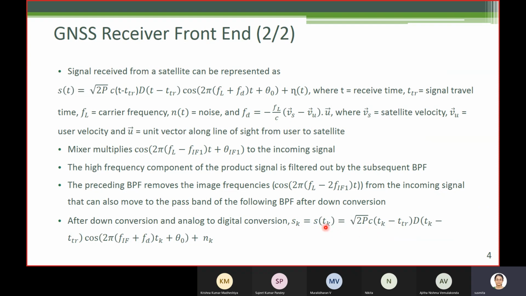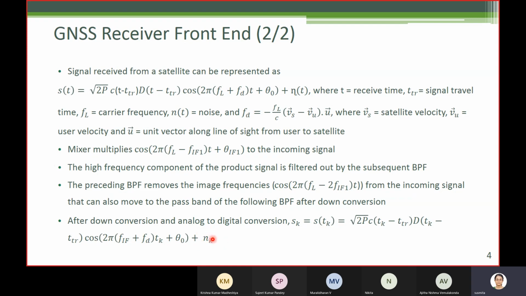Tk is a particular time instant, S of Tk. And the same thing I have written, but in terms of Tk. So this is the sample Sk at time Tk. Everything has been written the same except for T. So in place of T, we have now Tk.